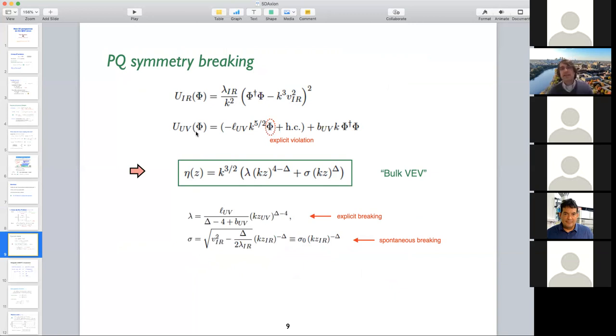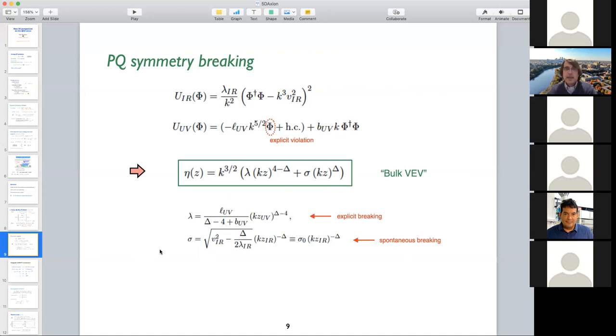And that's basically it. You can solve for the scalar profile, and it has this form where delta here is a free parameter. K is the scale of this warped background. Just think of it as related to M Planck. And lambda and sigma just parameterize the explicit breaking and the spontaneous breaking. And I don't need to go into any further details here unless people have questions.